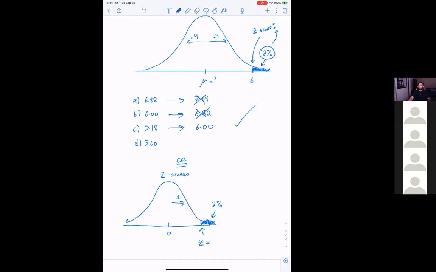The inverse norm. Inverse norm, 2% to the right, mean 0, sigma 1. What does my calculator give me on that? 2.053. 2.0537 approximately, right? Yes. And the z-score is data point minus mu over sigma.